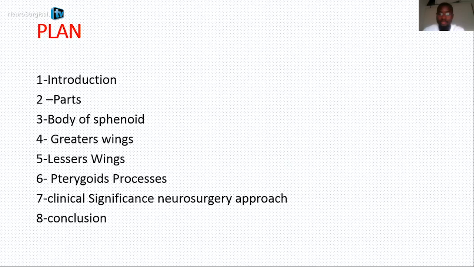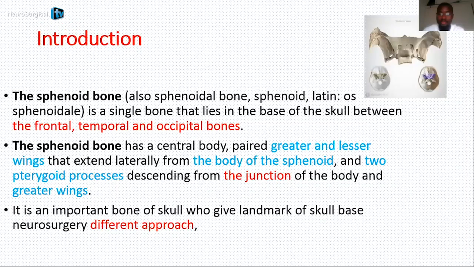In the introduction, the sphenoid bone, also called the sphenoidal bone, comes from the Latin word meaning wedge-like. It is a single bone that lies at the base of the skull between the frontal, temporal, and occipital bones.